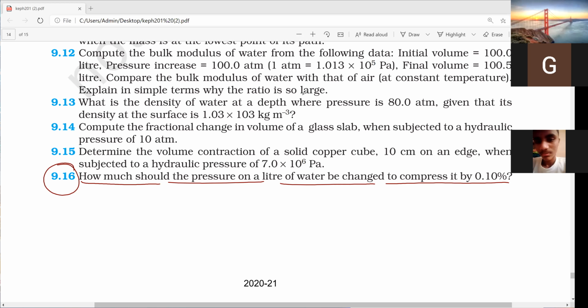So here let us see how to calculate that one. Try to guess which formula is useful. And they have given the pressure on a liter of water to be changed to compress it by 0.1%. Let us see how to solve this one.